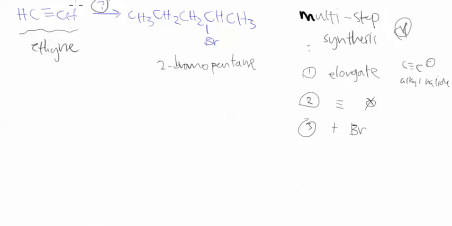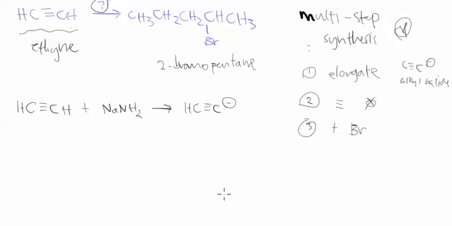If I go over and take a look at the acetylide ion step, I'm starting off with acetylene. We said that in order for this to happen, we need to add sodium amide to the system. When we do that, we get a removal of one of the hydrogens. That's good news for us because that's the very first step in chain elongation.